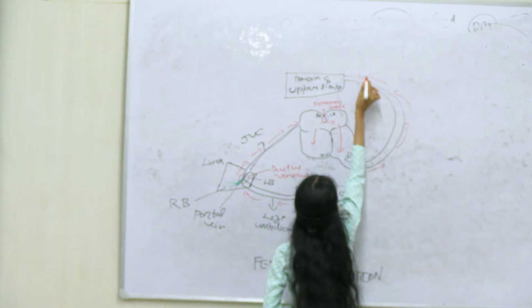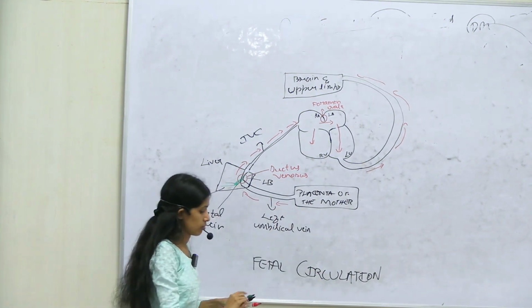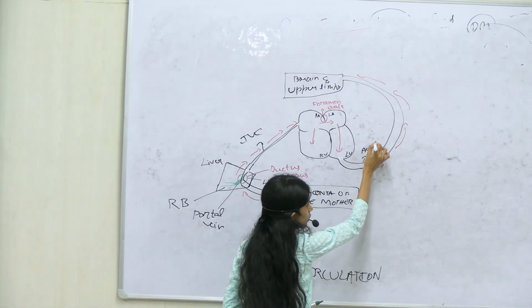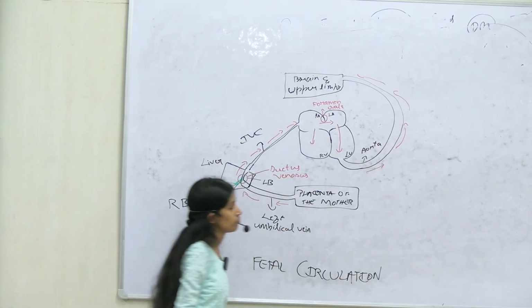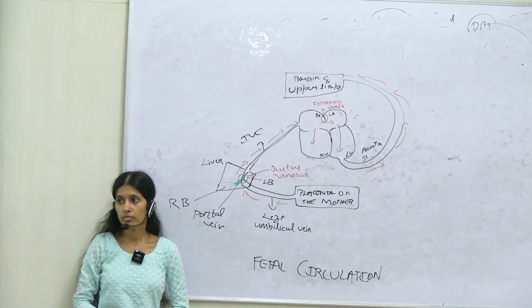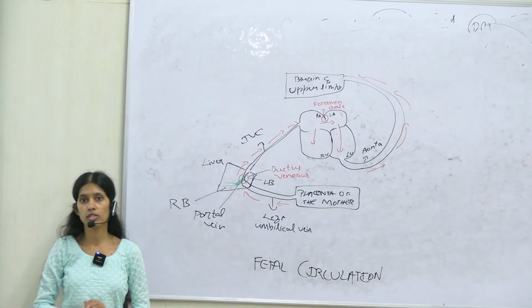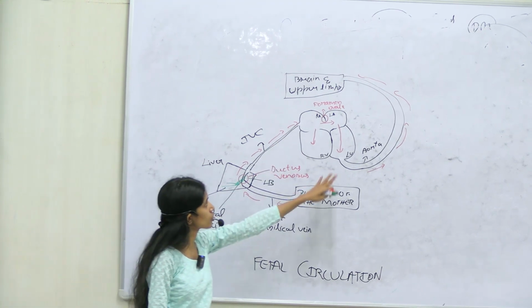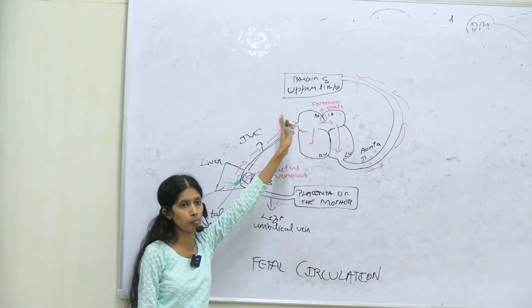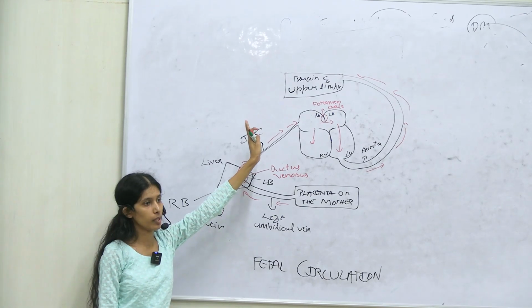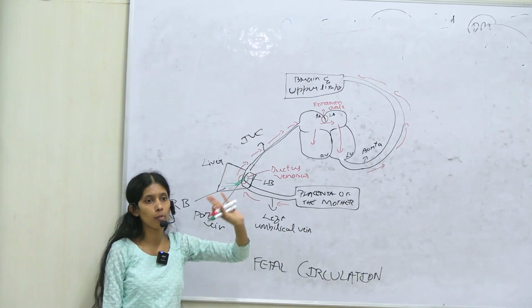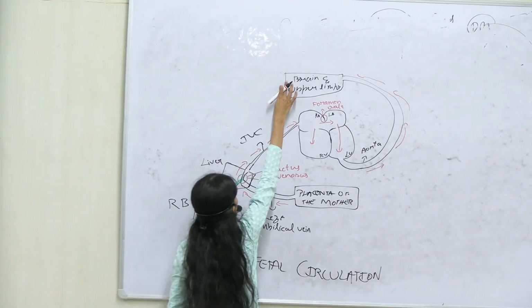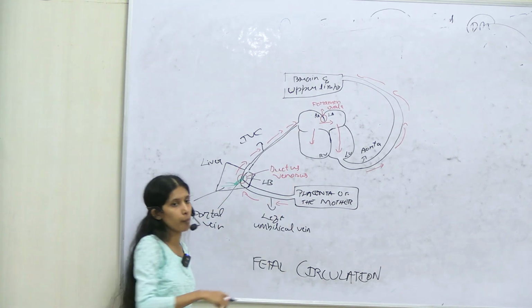What is this structure called? This is the aorta. Any doubts? Okay, fine. So now once the oxygenated blood enters your developing brain and the upper limbs, there is some amount of deoxygenated blood that's still present in your brain and upper limb part.